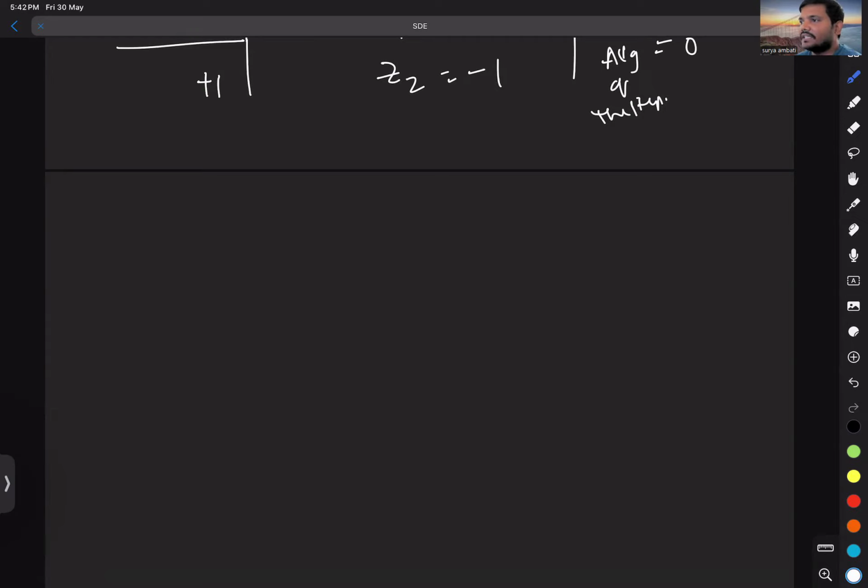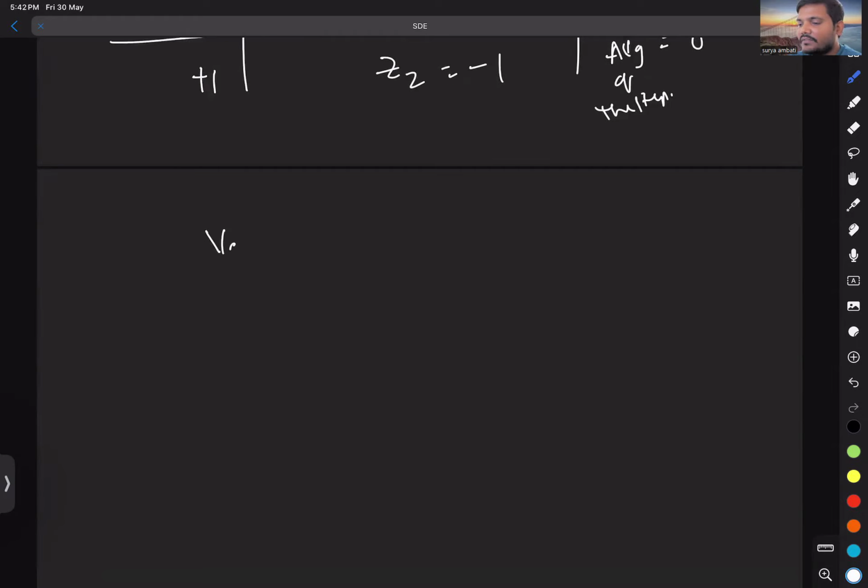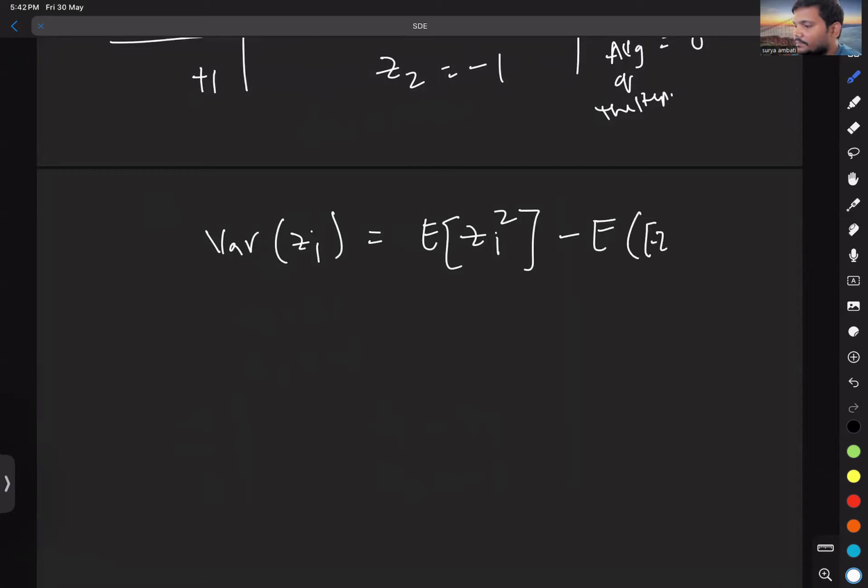To figure out the variance, we use the formula: variance of Z1 equals expected value of Z1 squared minus the square of the expected value of Z1. This is the formula that we use to calculate the variance. Now I'll explain step by step how we calculate it.